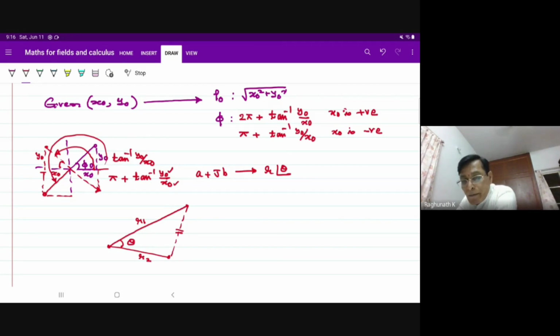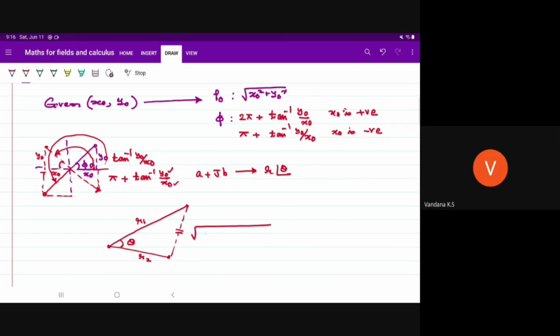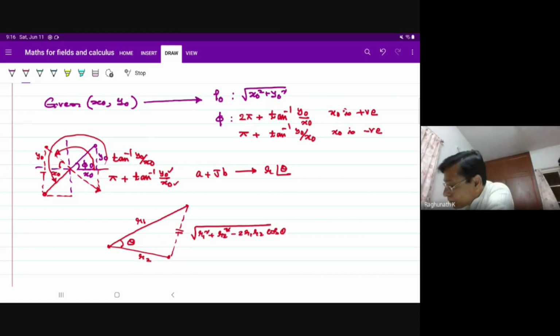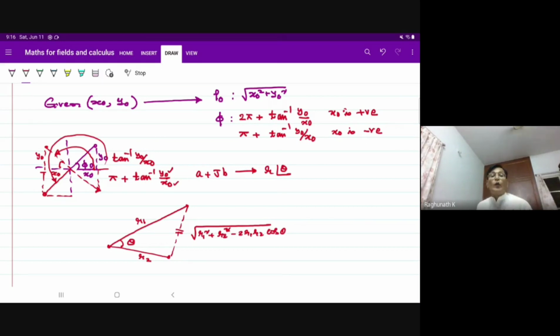Cosine rule. What is that side? It is the root of R1 square plus R2 square minus 2 R1 R2 cos theta. Minus for this, plus for the parallelogram law of vectors. This is the cosine rule.